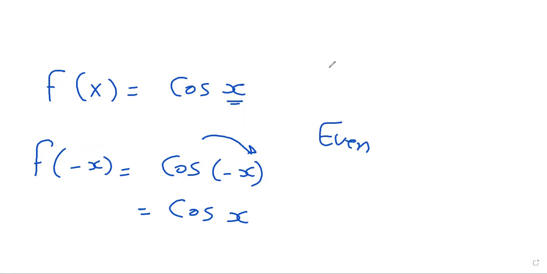And let's revise cosine, tan, and sine. You know, sine of negative x, sine doesn't cancel the negative. So it will be negative sine x. So this function is what? Is it even or odd?